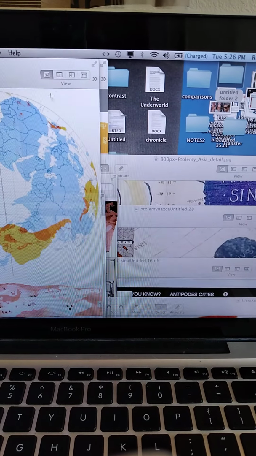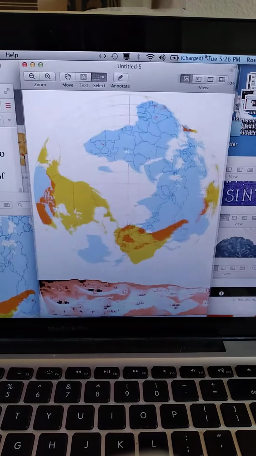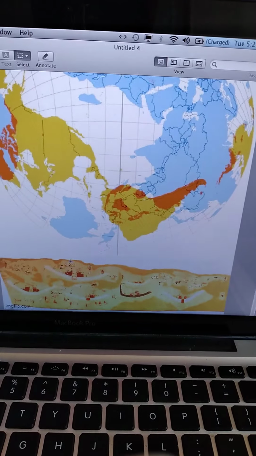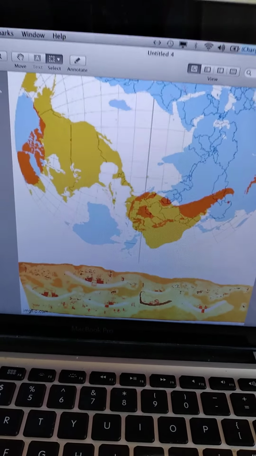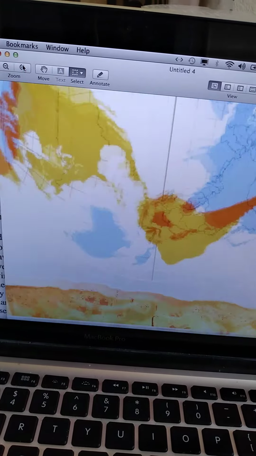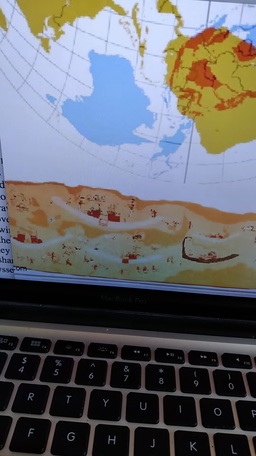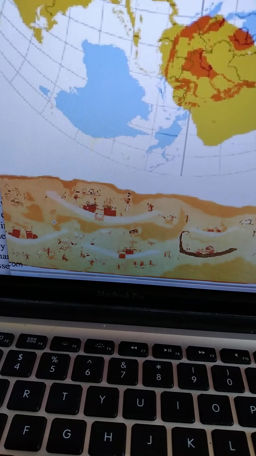Here's a version of it. In this one, there's a faded portion there in North America, and that portion is faded for some reason.